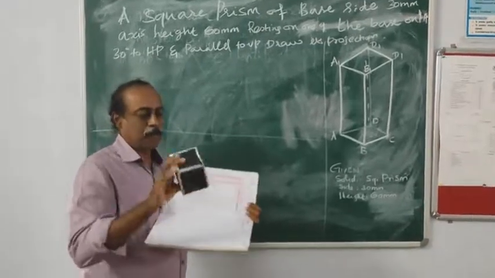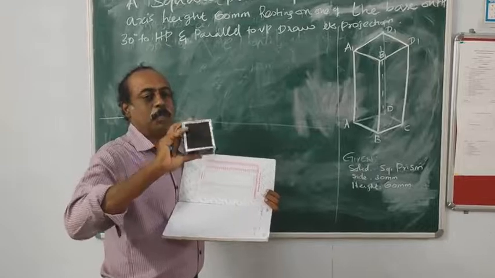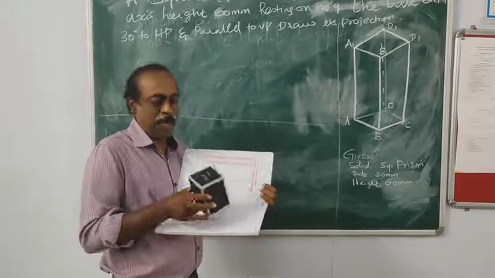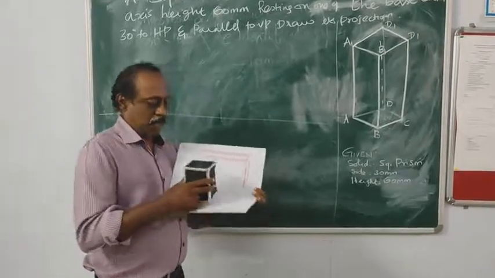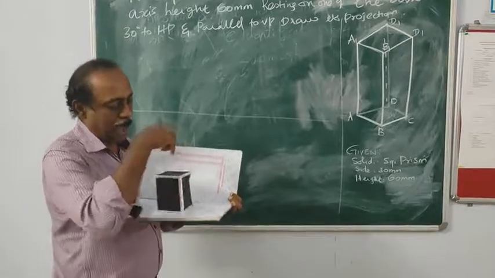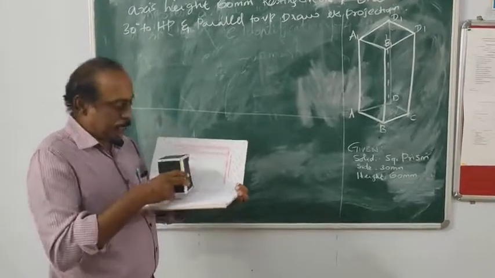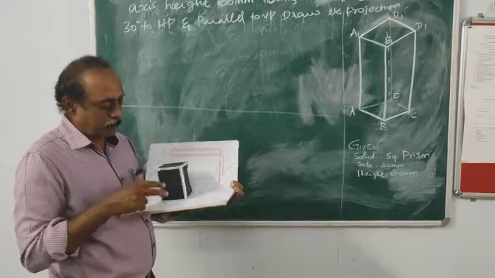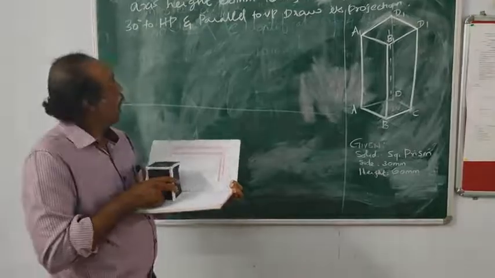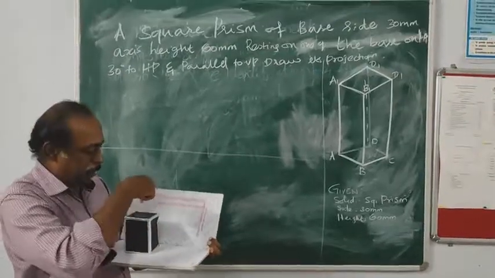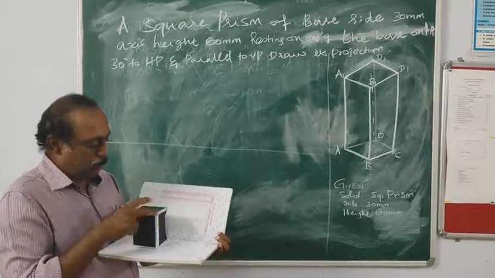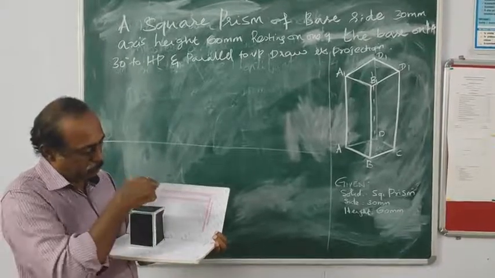This is a square prism. The square prism consists of both the top and front views as squares. The prism rests on its base on HP, and its axis moves from the top to bottom.